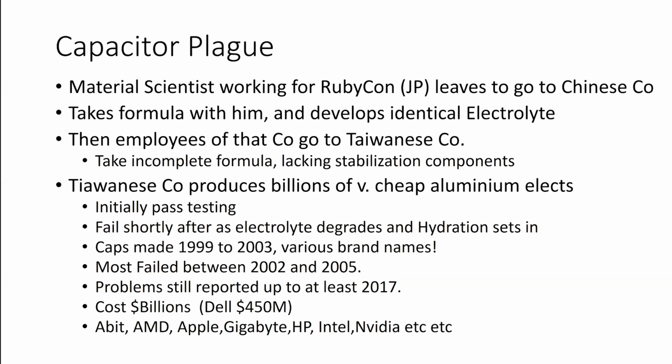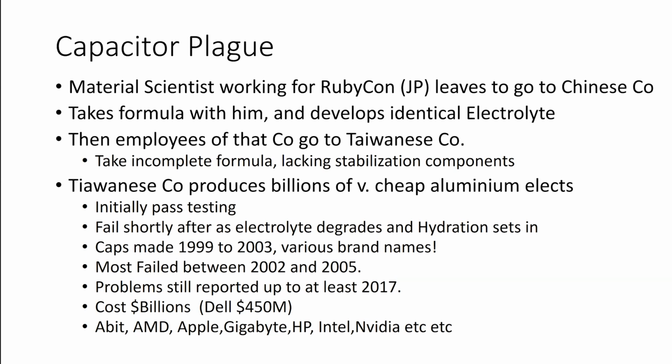And then a couple of employees of that company in China go to a Taiwanese company, and they take with them the formula for the magic hydration inhibitor. Except the formula that they took for the hydration inhibitor didn't include the stabilization components that were added to stop the hydration inhibitor from breaking down.